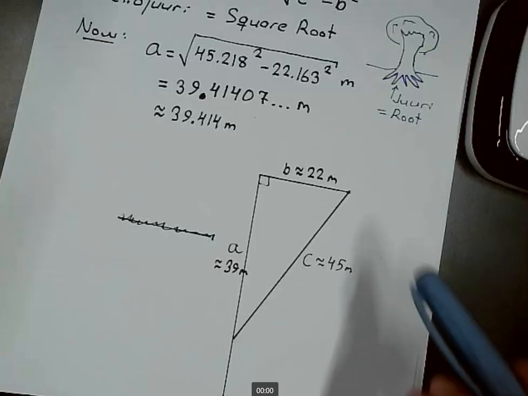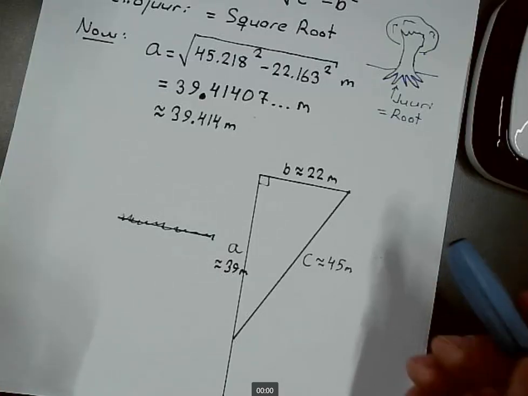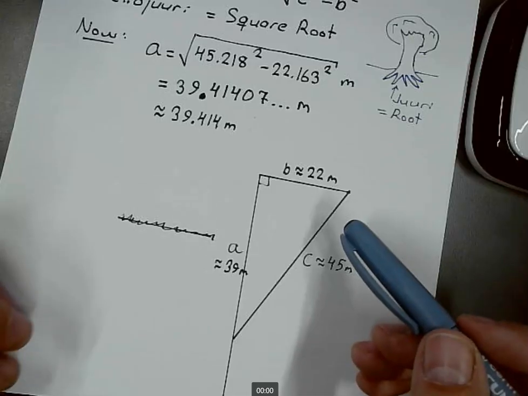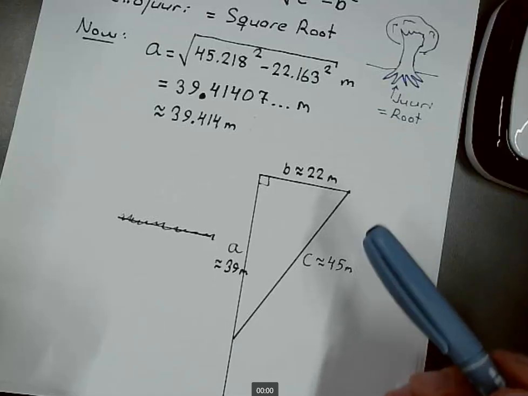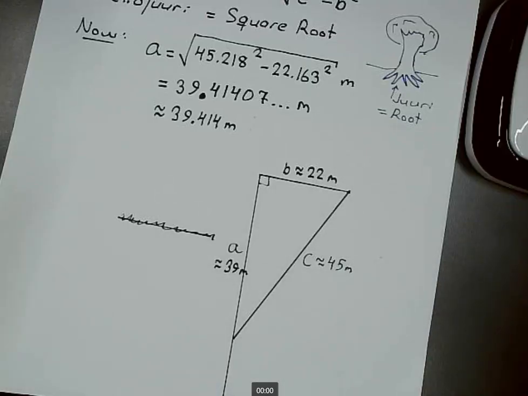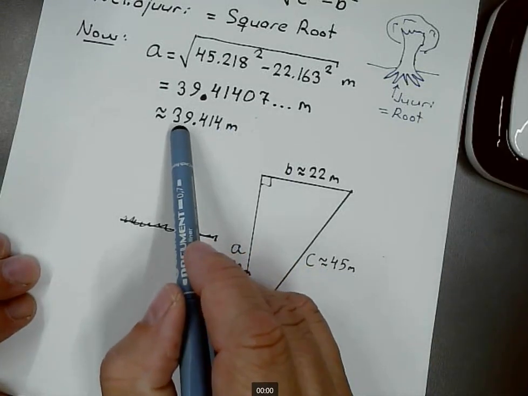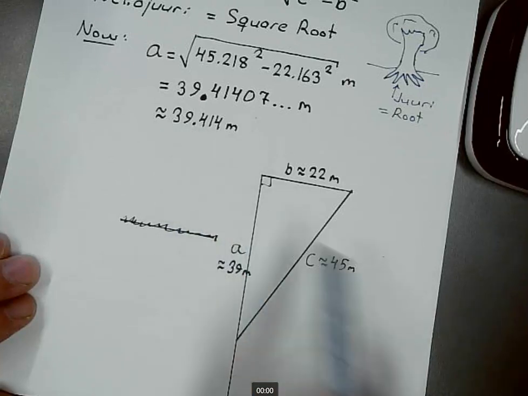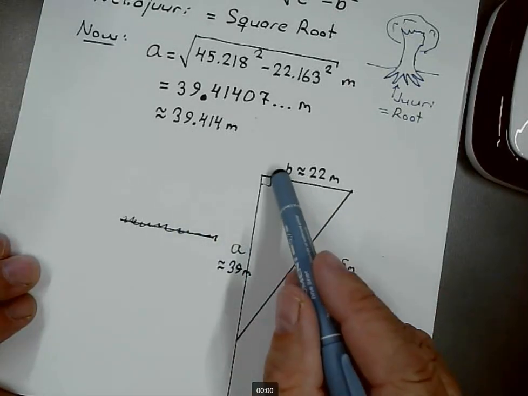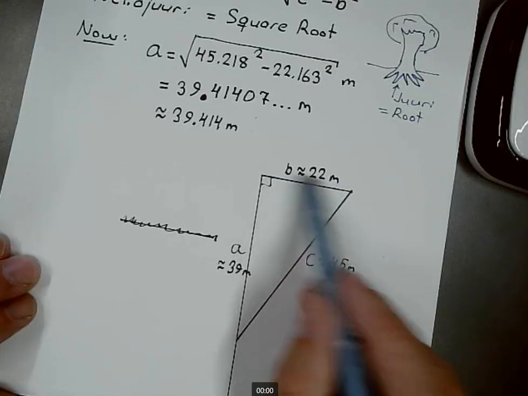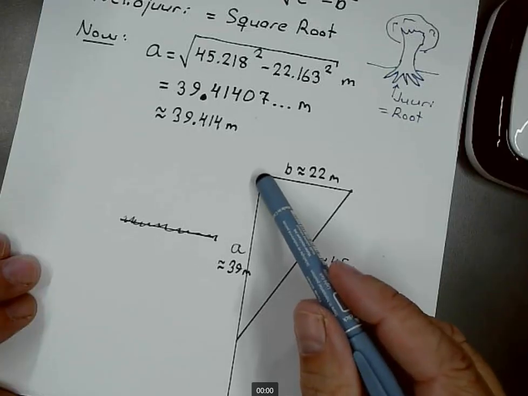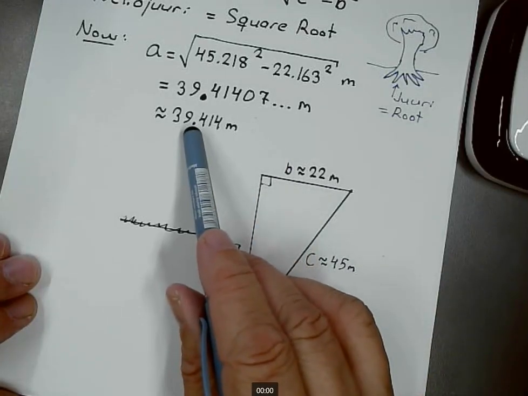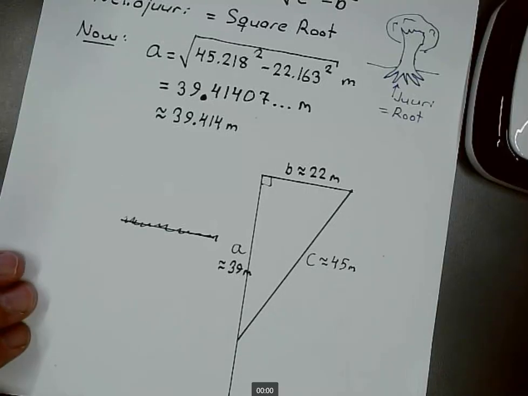You may draw by hand and just try to get as good a picture as possible, but mostly you see the biggest mistakes from the picture. For example, if you get 20 meters, of course you could see from the picture that if B is 22, then A must be much longer than B, and if you had got 20, you may be sure that you had made some mistake.